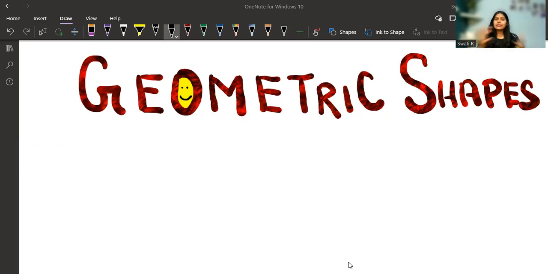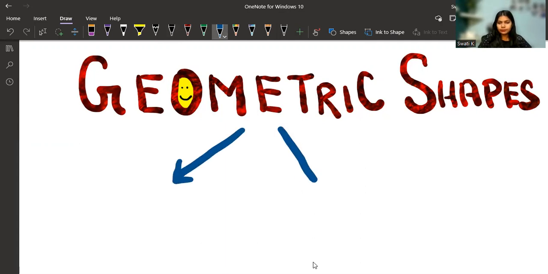So in layman's words, we can define geometric shapes. Now talking about some types of shapes, there are basically two types of shapes, which we normally identify as 2D shapes and 3D shapes.